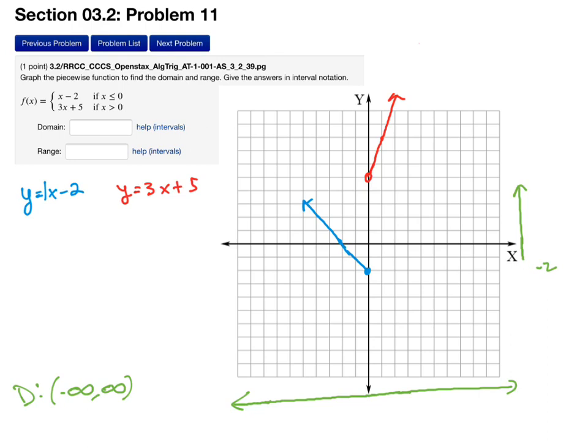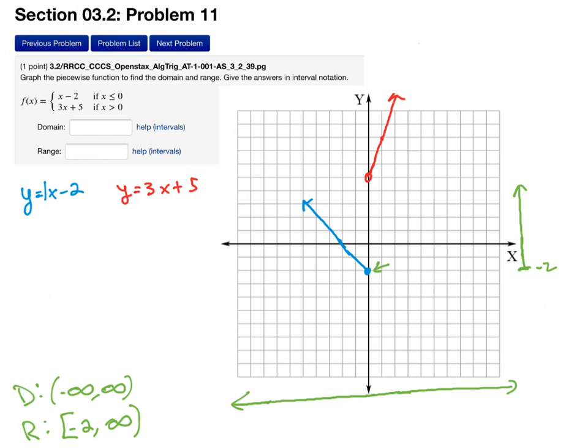So the range for this particular piecewise function is negative 2 to infinity. On infinity we always have a parenthesis. At negative 2, because we have a filled-in circle right here, we are including negative 2.